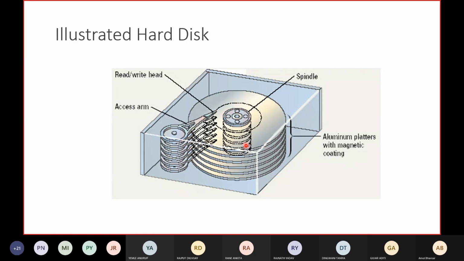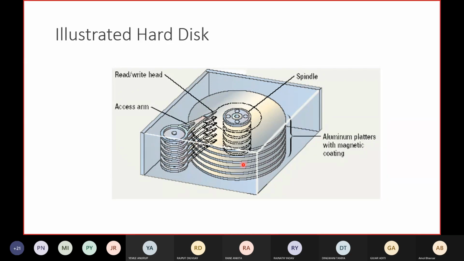This spindle rotates all the disks, and this is also the read write head. This is the read write head we have, and this is the axis of the arm. So this is also rotated. So this arm is also rotated, and we are storing the information as well as getting the information.